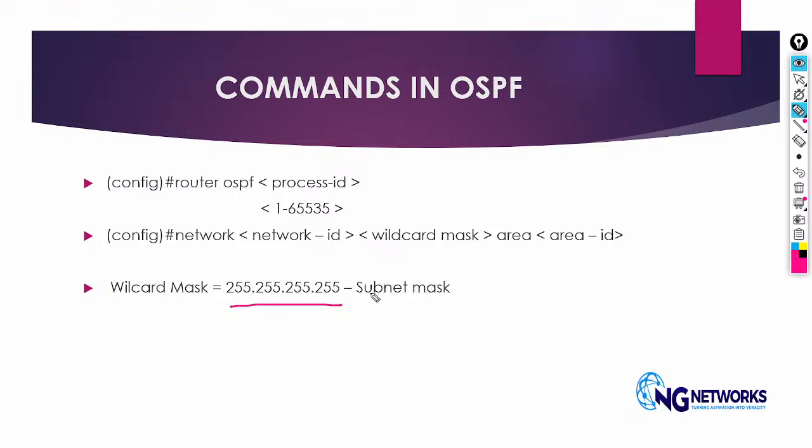Simply, you just subtract the subnet mask from the broadcast address. So if my subnet mask is 255.0.0.0, then it will become 0.255.255.255. And then area and area ID, it can be 1, 0, 2, anything which we have given.